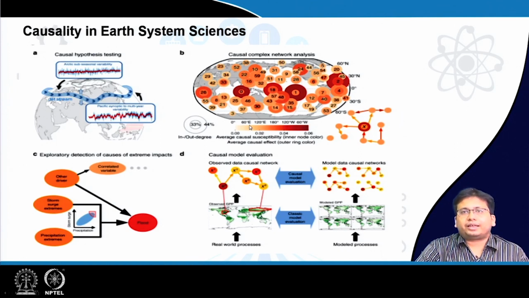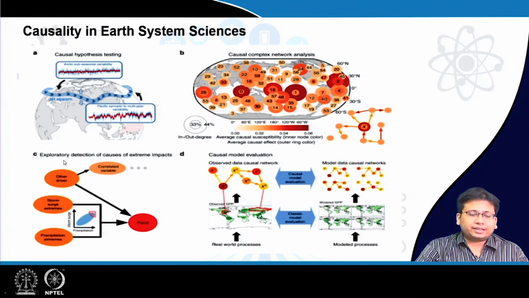But for that kind of relation to be understood in the cause effect scenario, we need to understand the exact physical mechanism in which one of them influences the other. That kind of thing can be achieved if we can build something like a causal complex network of the world.